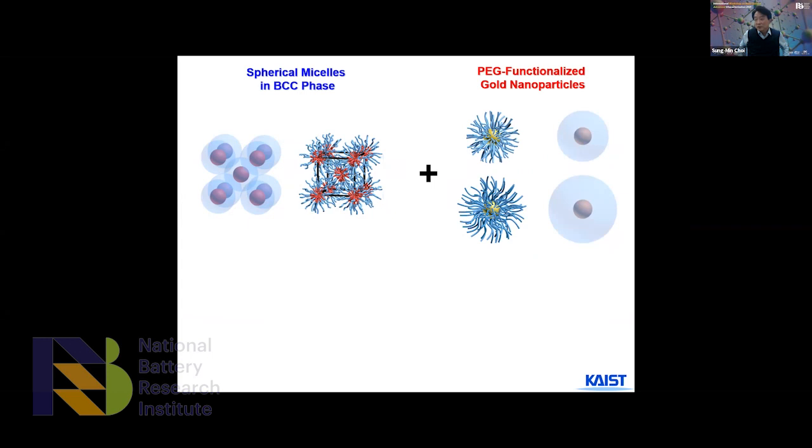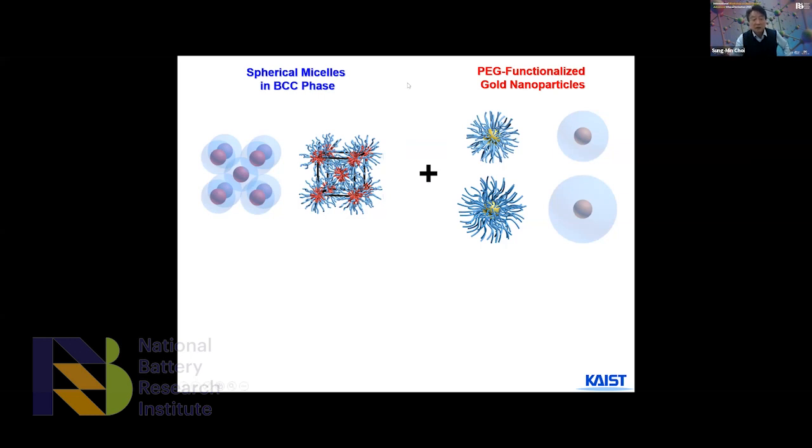In fact, we also considered gold nanorods at the beginning, but the nanorod diameter is much bigger than the cylindrical surfactant system.